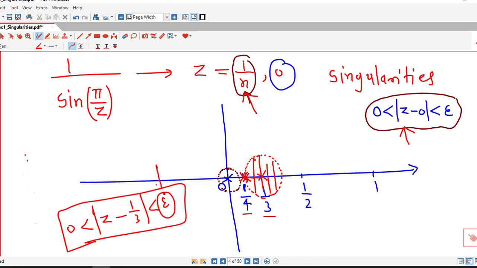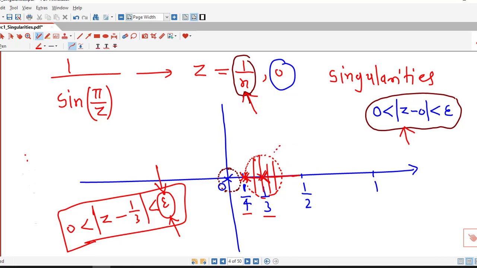So we will always consider this radius as the distance of the center from the nearest point at which the function is not analytic. Similarly, if we consider z equal to 1 by 2, then 1 by 3 is the nearest point.